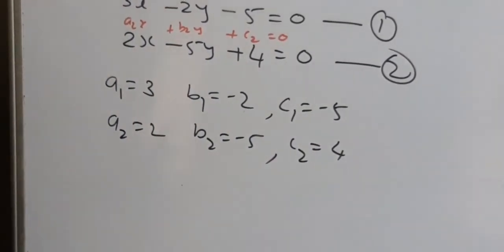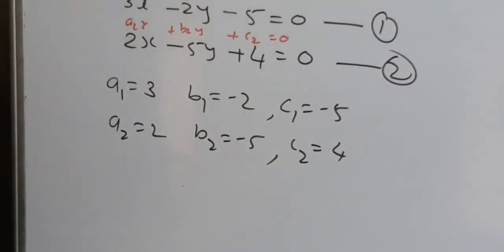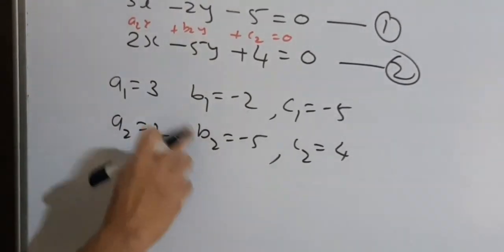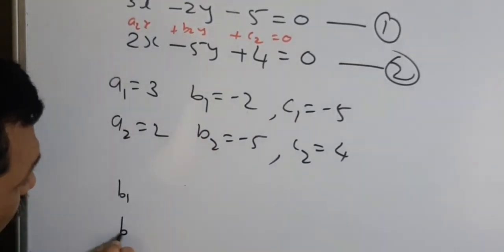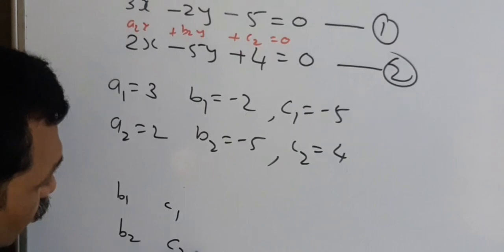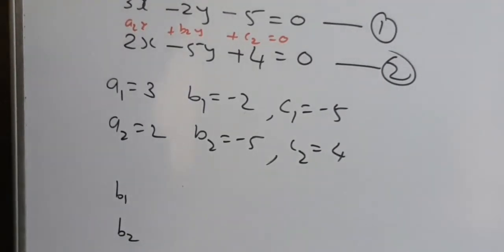When we do cross multiplication, we use the cyclic order. We write b1, b2, c1, c2 in cyclic order: b1, b2, c1, c2, then a1, a2, b1, b2.